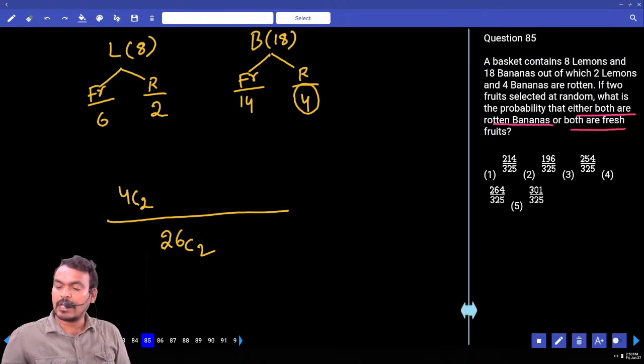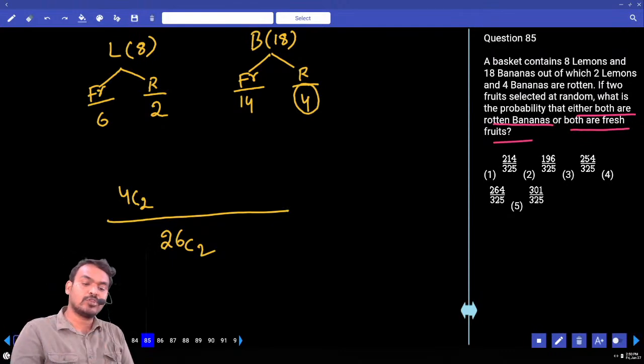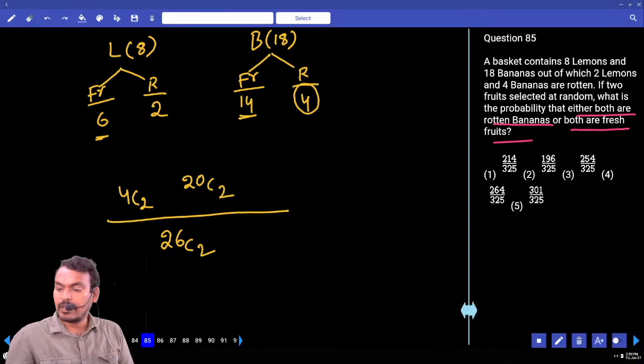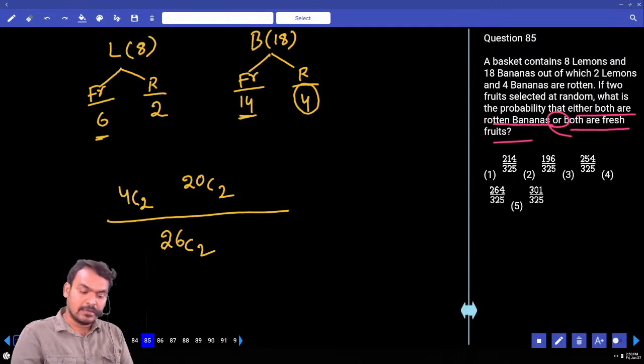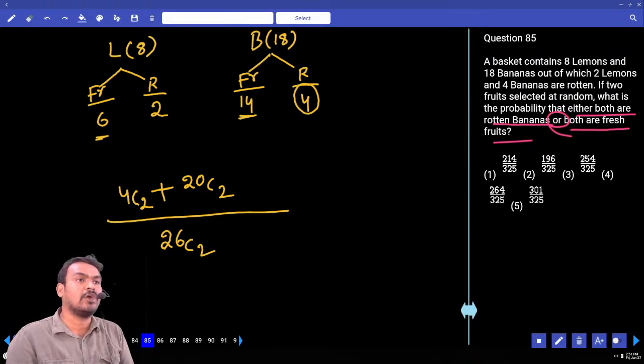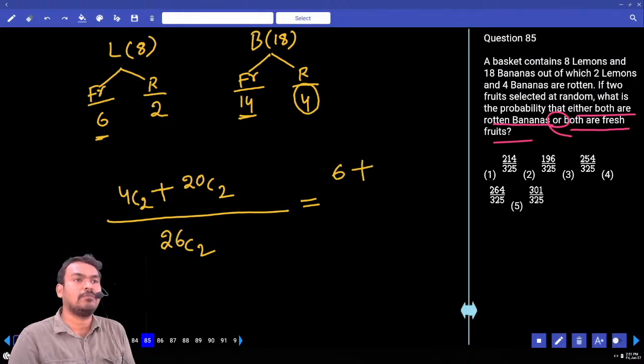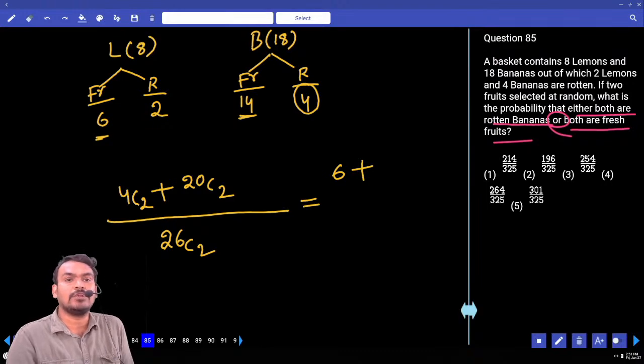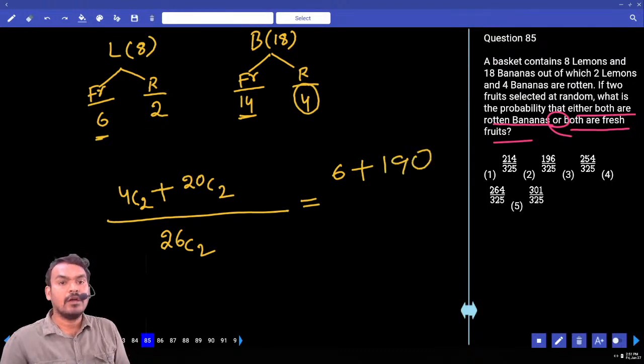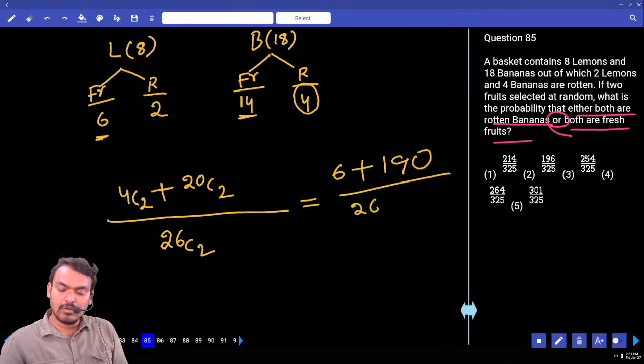Next, or both are fresh fruits. Fresh fruits means 6 plus 14, total 20. Out of 20, 2 are chosen. So the probability is 4C2 plus 20C2 over 26C2. 4C2 is 4 into 3 by 1 into 2, which is 6. 20C2 is 20 into 19 by 1 into 2, which is 190. The denominator is 26 into 25 by 1 into 2.